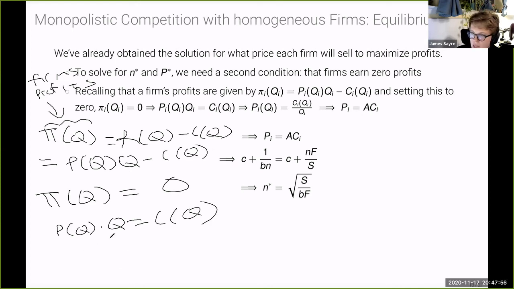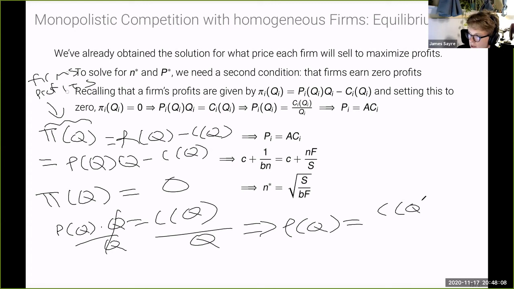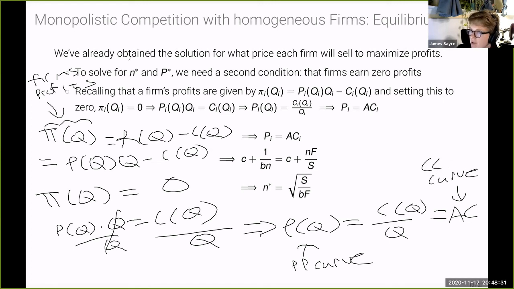If I just divide both sides by Q, then these Q's drop out, and what I'll be left with is that P has to be equal to C(Q) over Q. I can recognize that the right-hand side is just the average cost, and the left-hand side is the price that each firm is going to charge. I called the left-hand side the PP curve, and the right-hand side the AC curve. And so the equilibrium number of firms, and therefore the price, is given by the intersection of the PP curve and the AC curve.